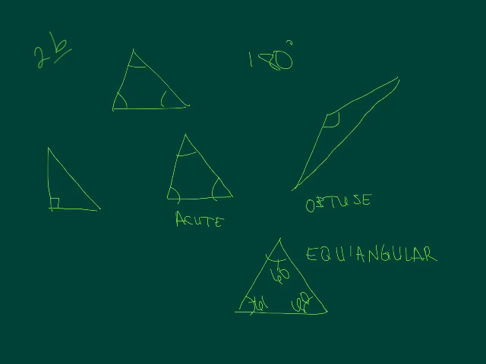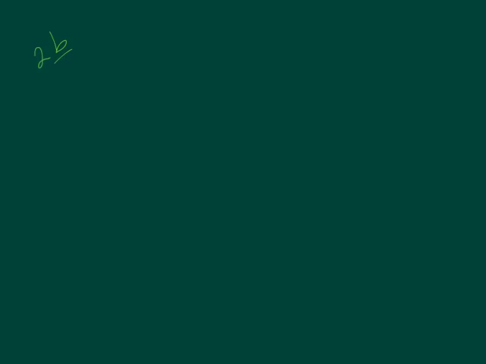Because remember, when you add up all three angles, they have to add up to 180 degrees, and 60 is the only number added 3 times that will give you 180 degrees. So whenever we're talking about an equiangular triangle, we're talking about 60 degrees for each angle. Alright, so let's continue on.